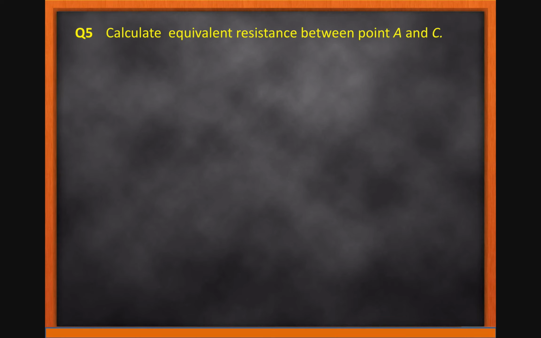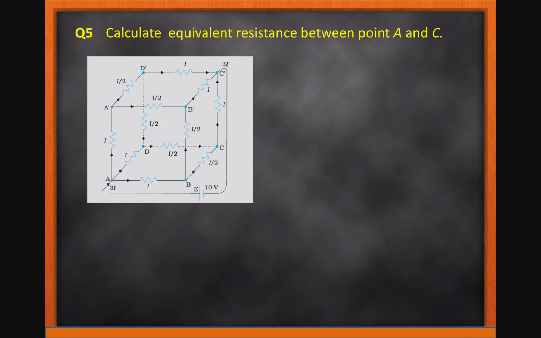Now question 5. Calculate equivalent resistance between point A and C in this cube. This question is again based on symmetric circuit. So I am taking symmetrical divisions here. We have a 10 volt battery, and here we have 3 equal arms, 1, 2 and 3.